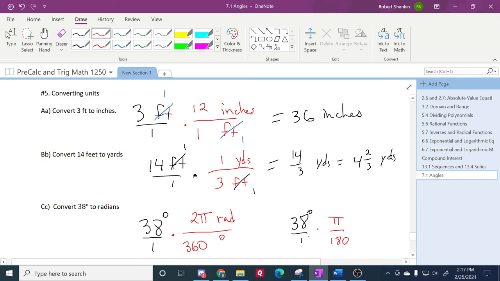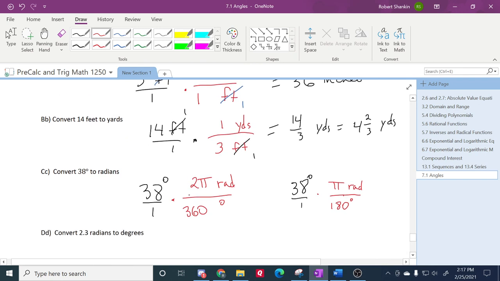Now, how did they get pi over 180? Well, they just reduced this. And so this is radians, and this is degrees. But if you try to memorize the conversion factor is pi over 180, then you'll get it backwards on the other one. But this method of thinking will never leave you. It's really easy to remember this.